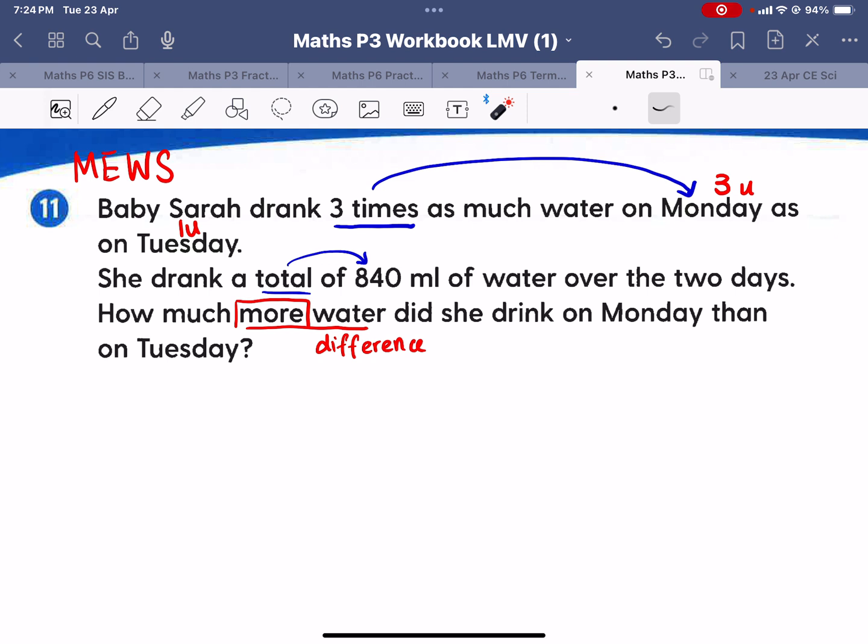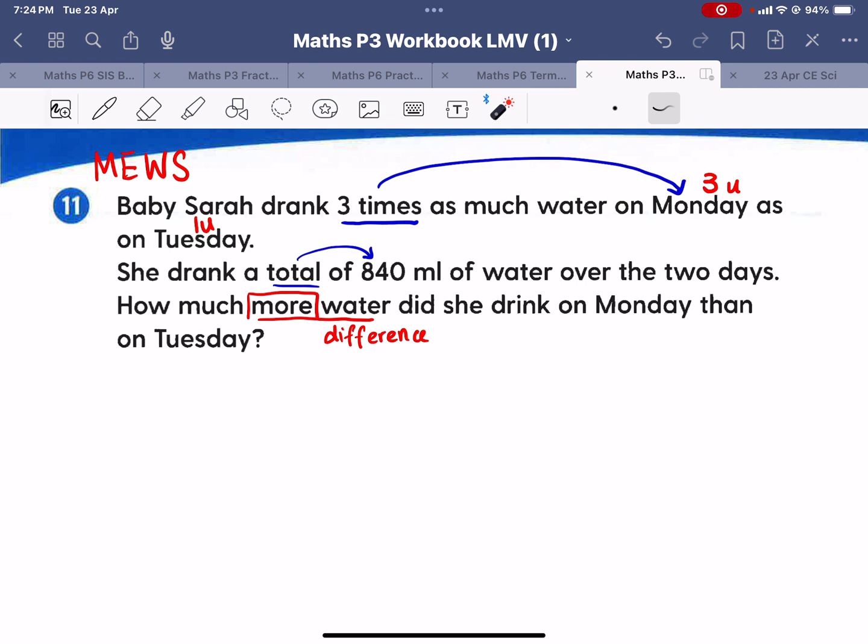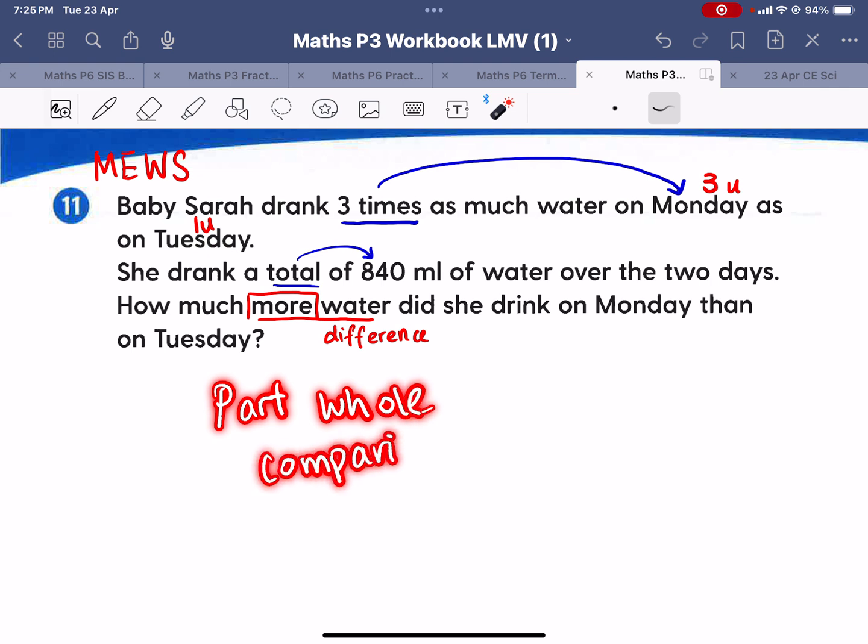We're going to start off by thinking about what is the model that we need here. Is it a part whole? Is it a comparison? Is it a unitary method? Or is it a division?